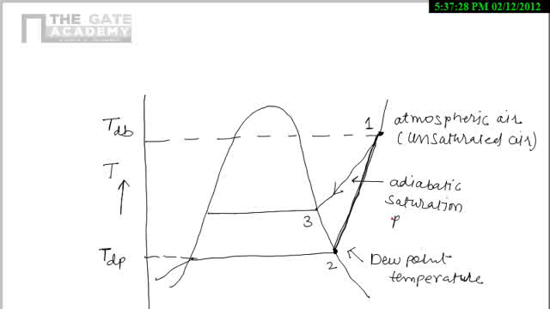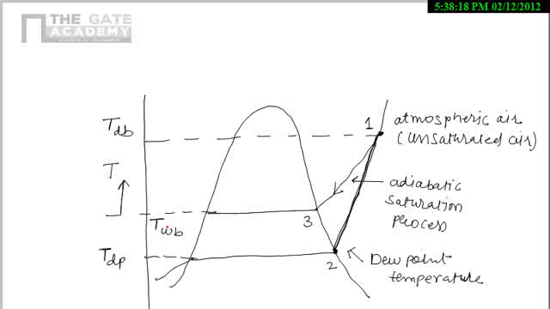We have already discussed that the adiabatic saturation temperature is also called the wet bulb temperature, so practically we can assume it is the wet bulb temperature. In this way we can define dry bulb, wet bulb and dew point temperature on the TS diagram.